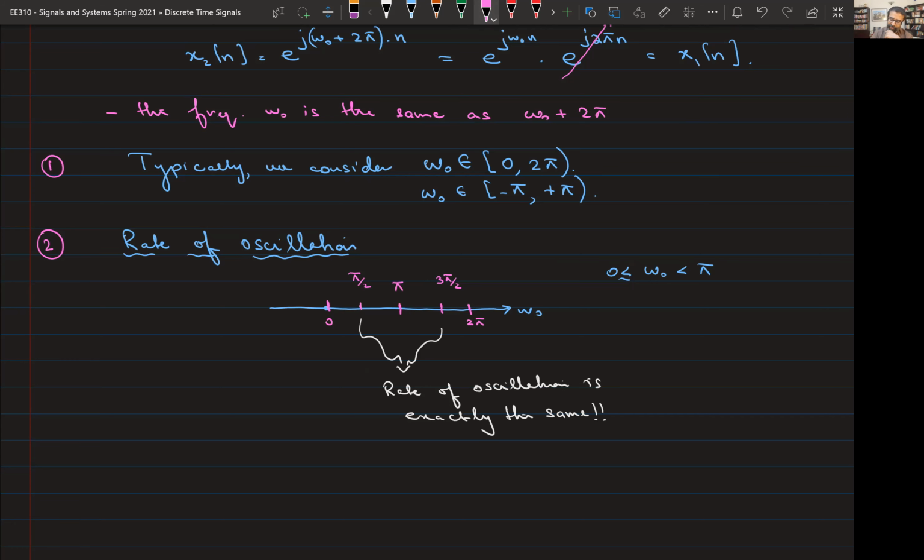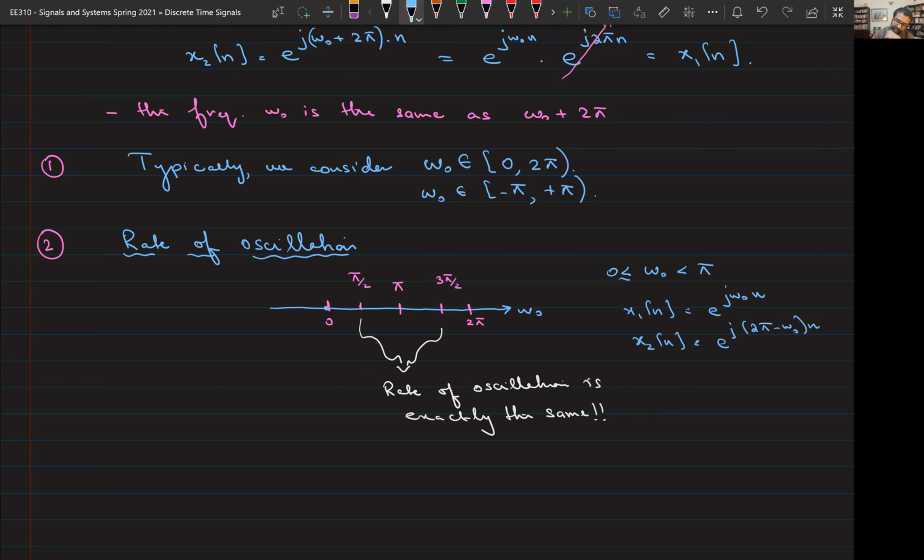So if I give you omega naught, which is between 0 and pi, and I give you x1 of n, which is equal to e raised to j omega naught n, and then I give you x2 of n, which is e raised to j (2 pi minus omega naught) times n.